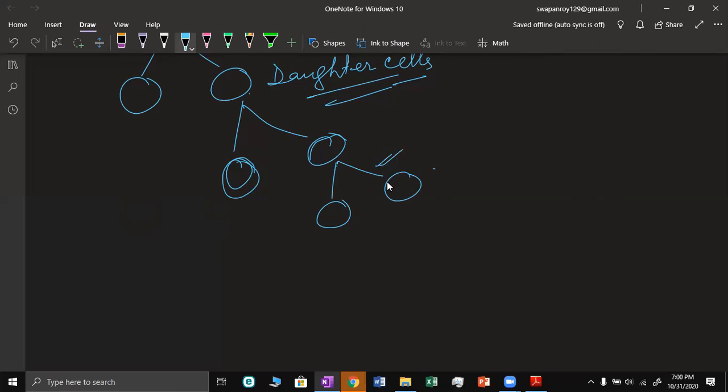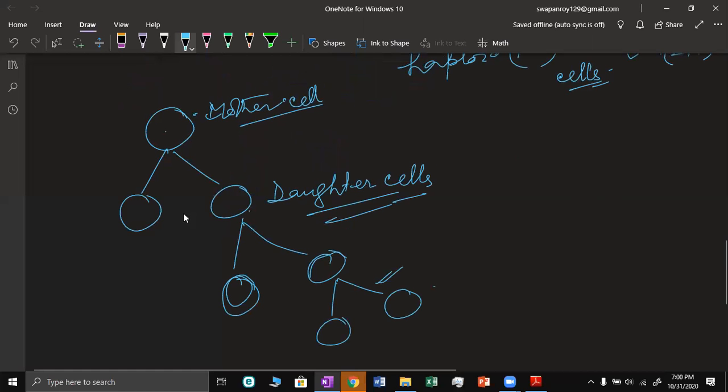So there is division continuously. Cells divide, the young ones grow, mature, and divide. So every time these things happen, this is given a term called cell cycle.